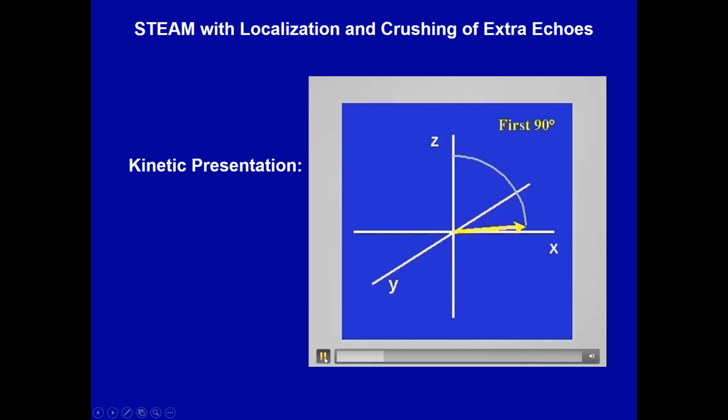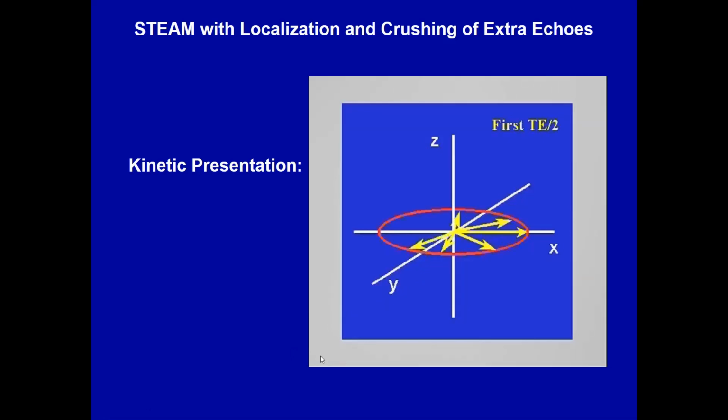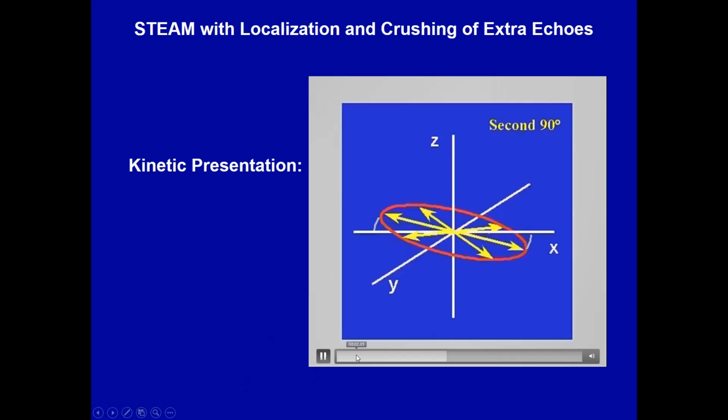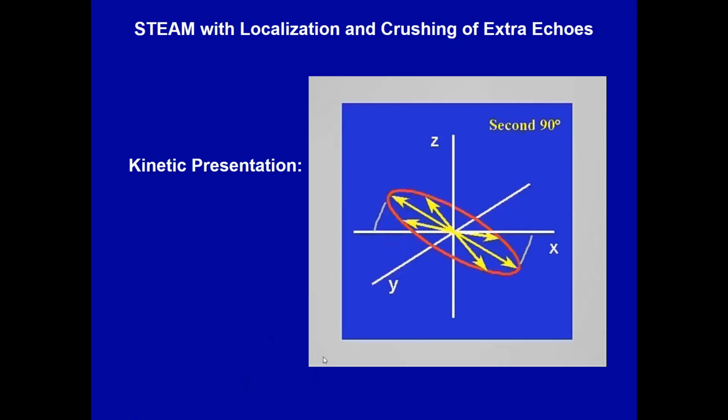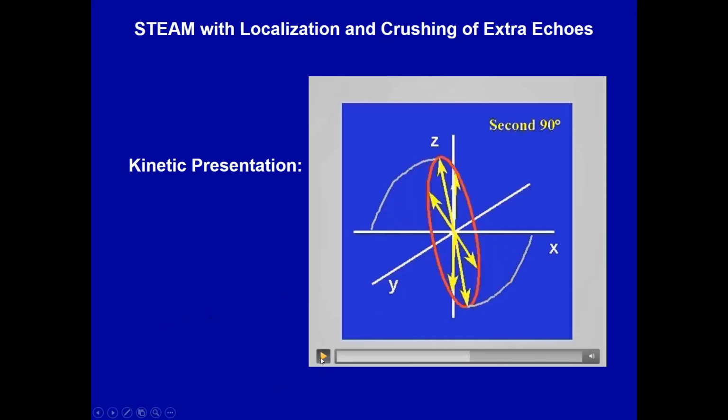All right, I'm going to pause it at different points now. So there, this is just like a pulse acquire experiment at first. Now there's dephasing that occurs, and we apply another 90-degree pulse. So see, that's dephased, or the magnetization is, all of it's being rotated, even though it's dephased. And we have basically a disk of magnetization.